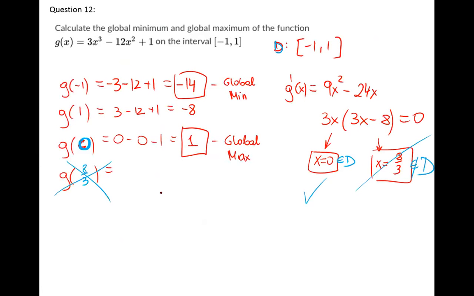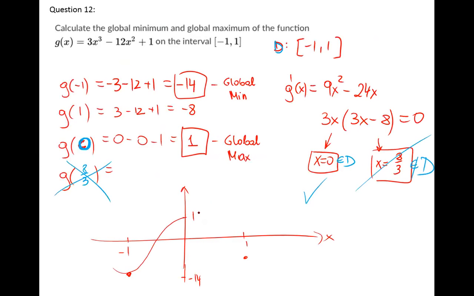I don't know the graph exactly, but at -1 it's -14. At 0, we have 1. And at 1, we have -8.